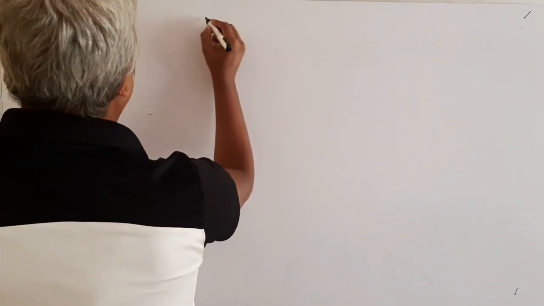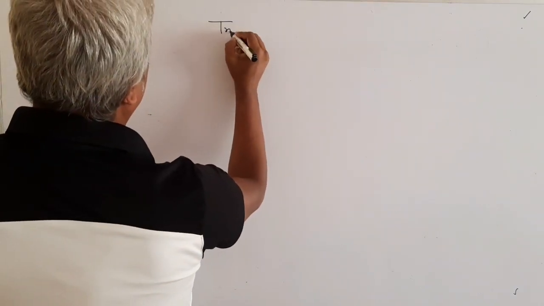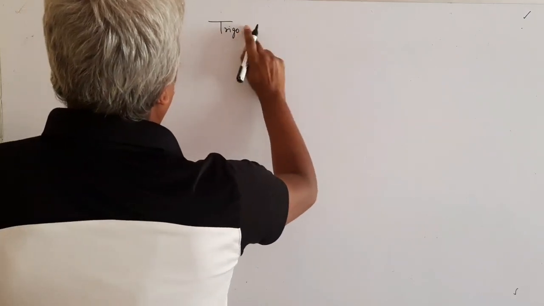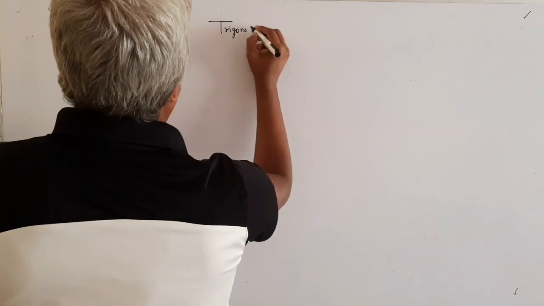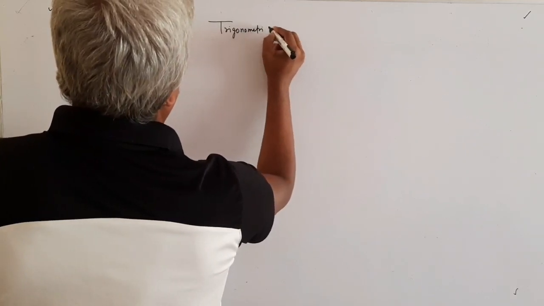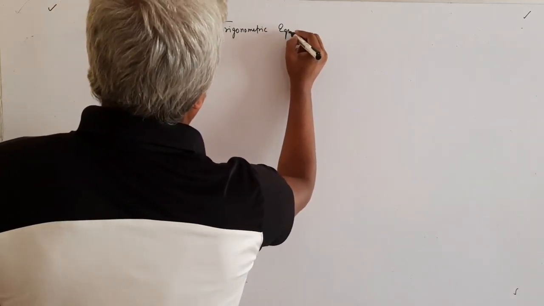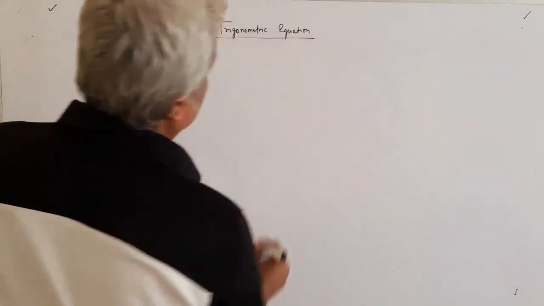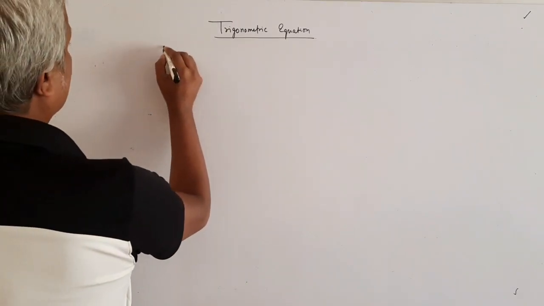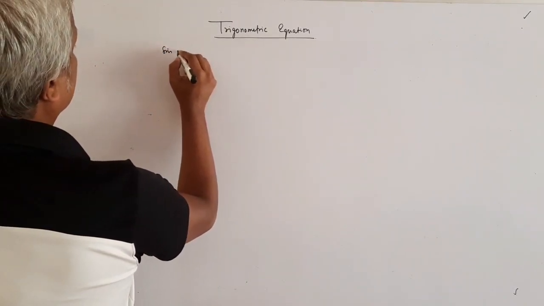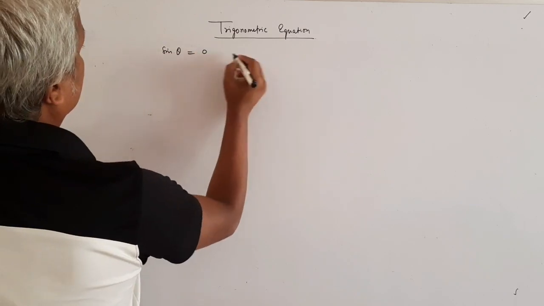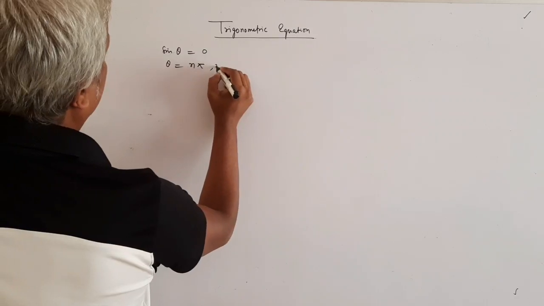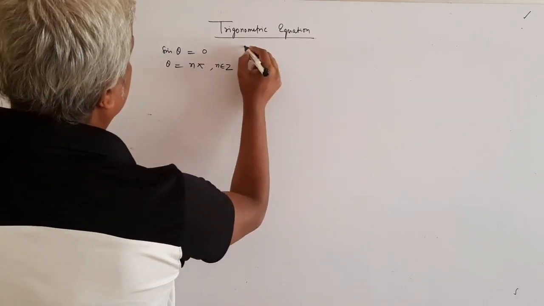So first let me put the heading here, that is trigonometric equation. So just a little recap. You just saw that sin theta is 0, then theta is n pi and n is an integer.